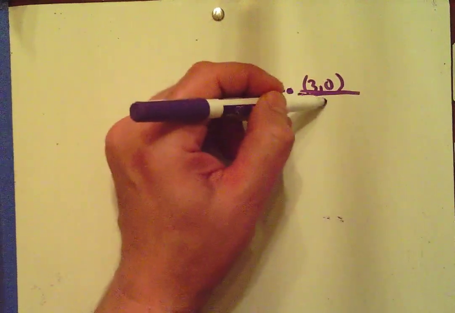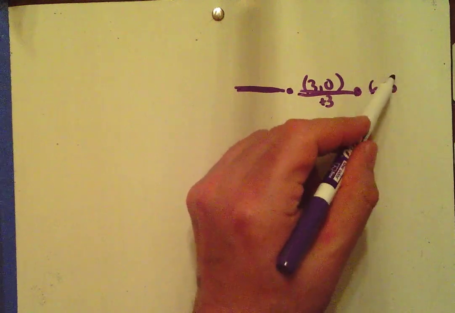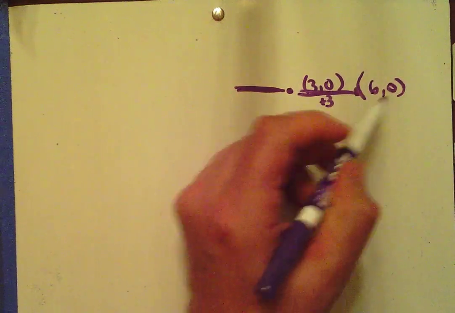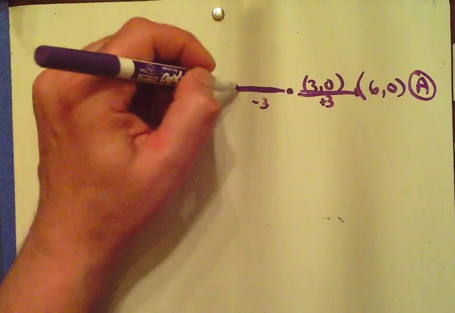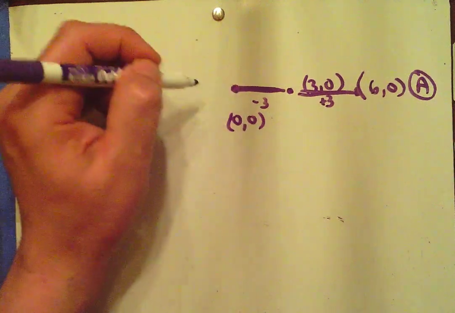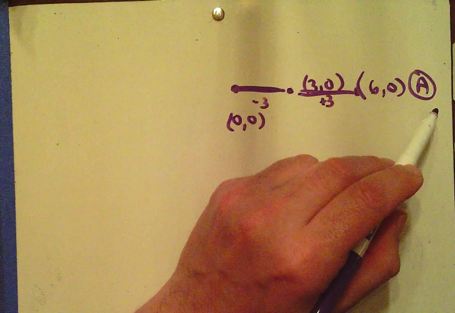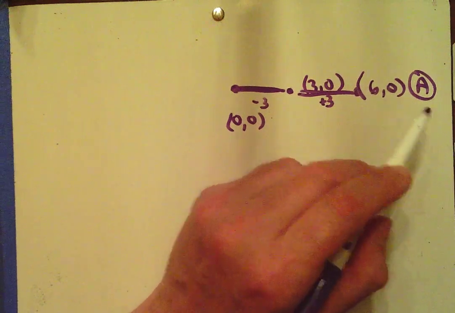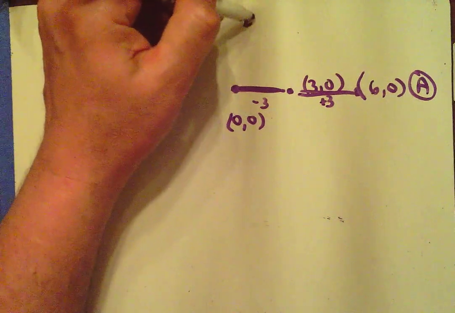If I go this way 3, I'm going to add 3 to the x's, which will give me 6, 0. Oh, and that's choice A. So I guess I don't need to go back 3 to find 0, 0, which is the other corner of the square. I found one corner, or vertex, of the square to be 6, 0, so I'm all done with 25.